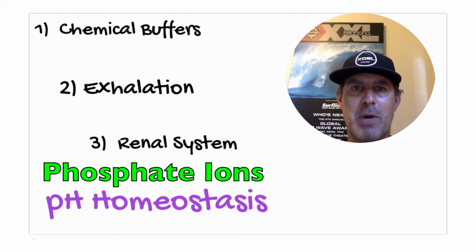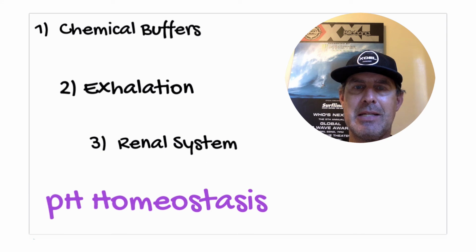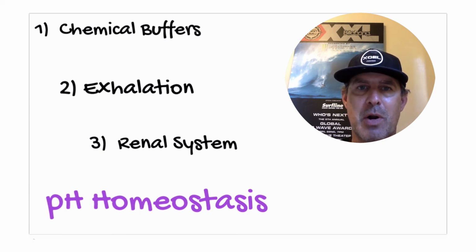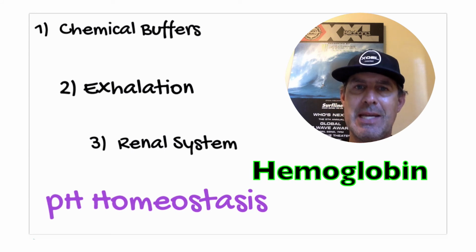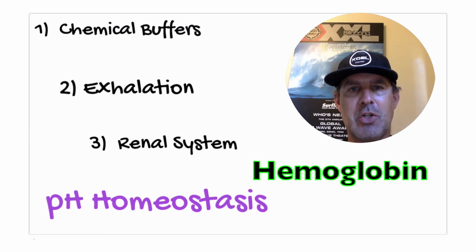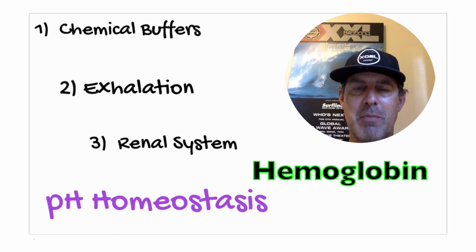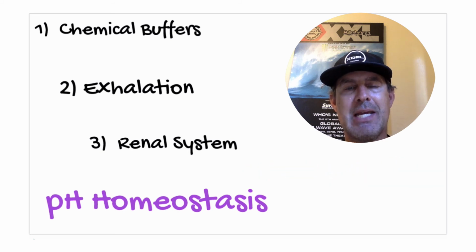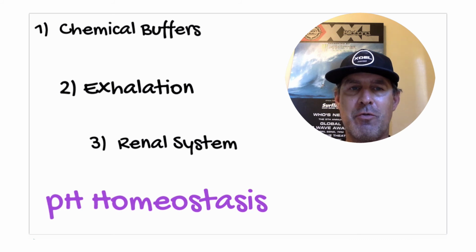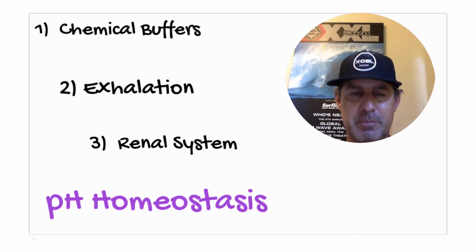If a chemical buffer, such as the phosphate ion, grabs onto the hydrogen ion, it does not contribute to the pH of the body, and more importantly, it doesn't cause problems with proteins. Another intracellular chemical buffer is hemoglobin, and we tend to think of hemoglobin as the oxygen transporting protein within red blood cells, and that's certainly true. But in addition to that, it binds the hydrogen ion to function as a chemical buffer.